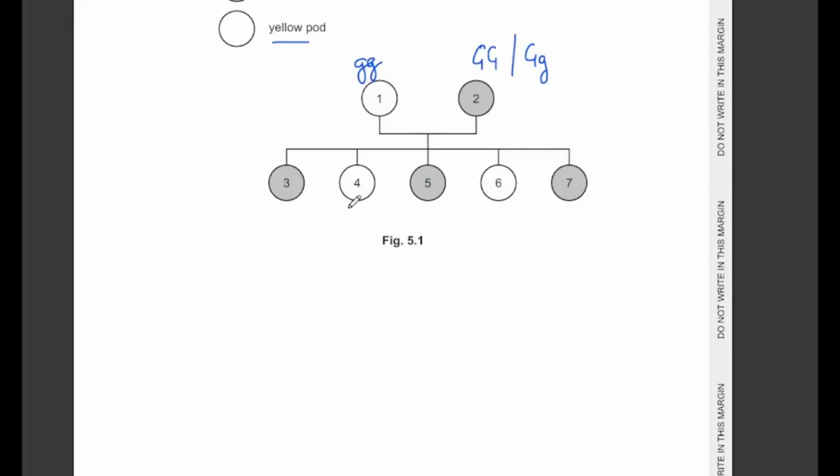Sometimes it is very easy to do. Now these are the possibilities that we have. Suppose this will be capital G. Let's see what we have here.